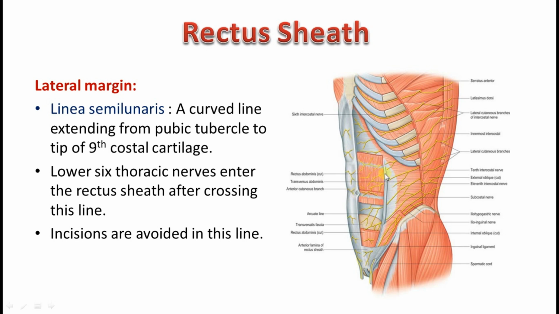So these lower 6 thoracic nerves pierce the rectus sheath, and then what happens? They supply the rectus abdominis muscle, and afterwards they pierce the anterior wall of the rectus sheath and become cutaneous, and thereby, you know, the anterior abdominal wall dermatomes, the area of skin supplied by a single spinal nerve.